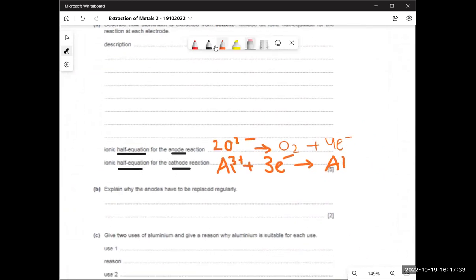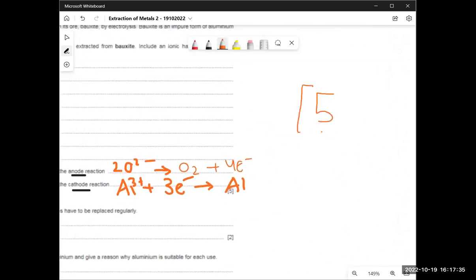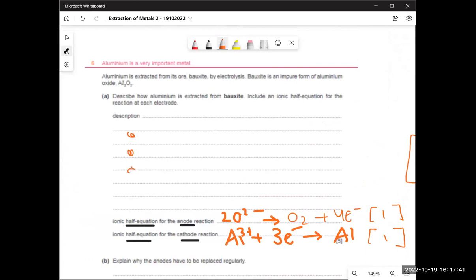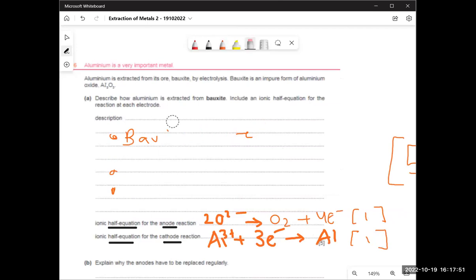Now this question is for 5 marks. We got 1 mark for this and 1 mark for this. 3 marks are remaining, so we have to put 3 points here. We first say how it is extracted. Just write it as steps.